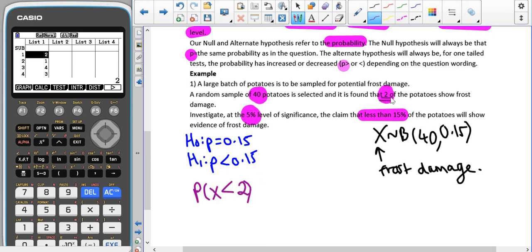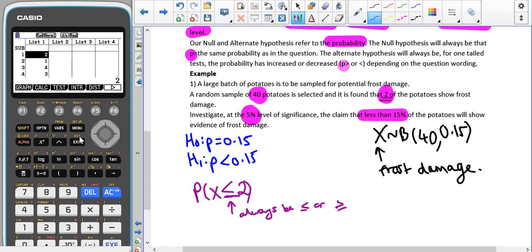But because we've actually already found 2, it's also going to include 2 when we're trying to find our test statistic. So this symbol here will always be less than or equal to or greater than or equal to. It will never be less than, it will never be more than, and it will never be equal to. It will only be one of these 2 symbols.